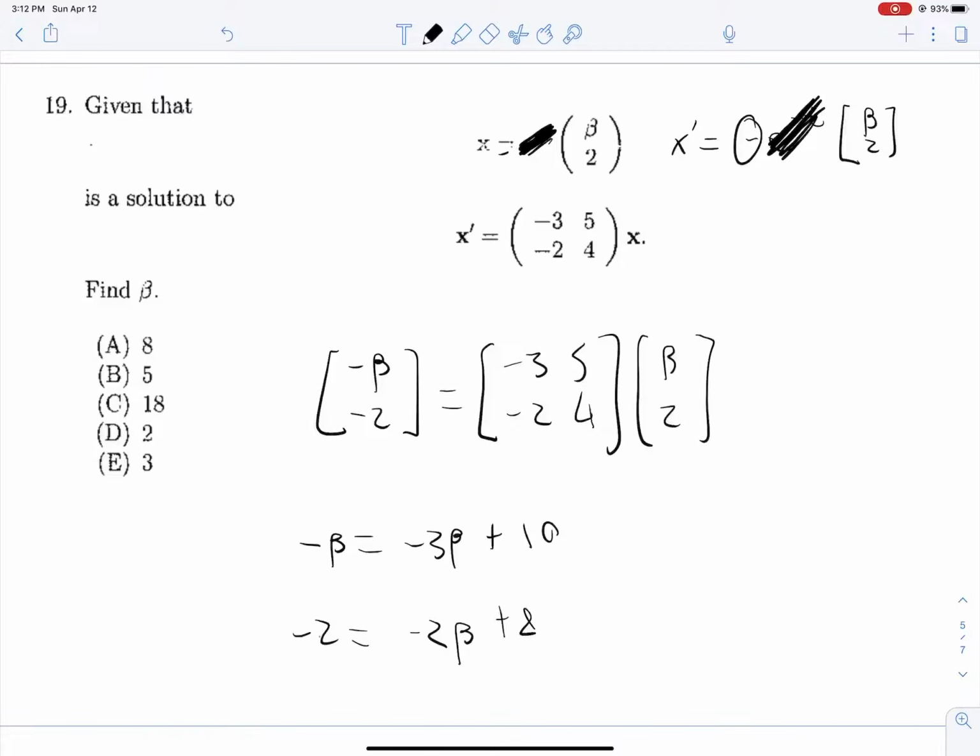Since we only have one variable to find and two equations, and we know that this solution does work, both of these equations determine the same value for beta, so we only have to use one of them. We'll rearrange equation 1 to say 2 beta is equal to 10, or beta is equal to 5. That's 8, 5.